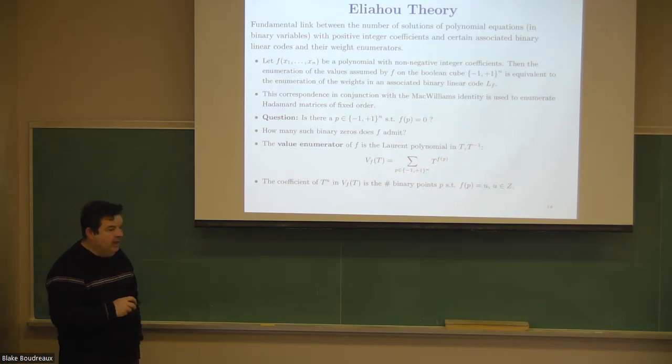So all these 2 to the n sequences of plus and minus 1s. And the coefficient of t to the u in this value enumerator is the number of binary points p such that F(p) is equal to u for every u in Z. And of course, we can set u equals 0 if we want to count binary zeros.